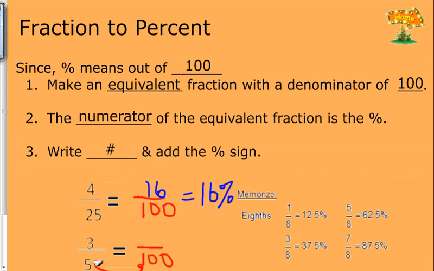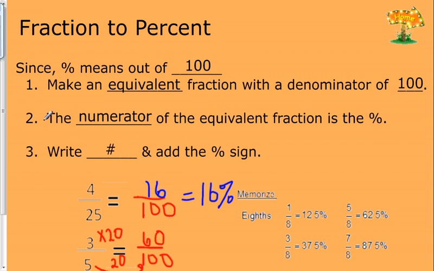Well, 5 can go into 10 2 times, and you have that extra 0. So it's going to be 20 times. And whatever you do to the bottom, we're going to do the same thing to the top. So we have 3 times 20 on the top. Well, 3 times 2 is 6, and you add that 0, so we get 60.